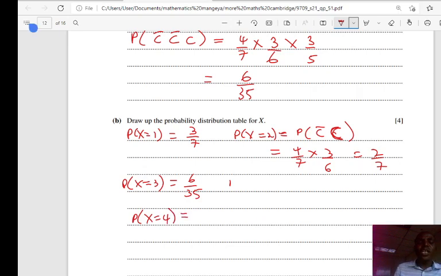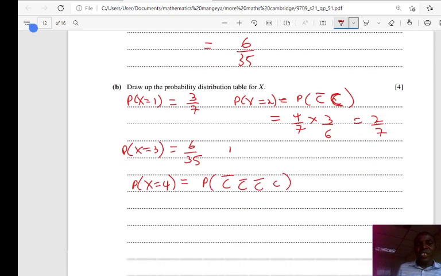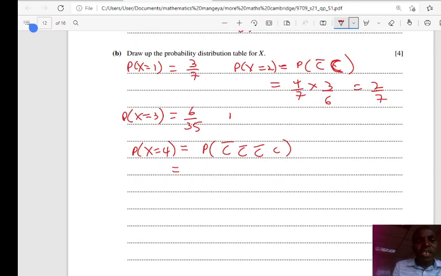X is equal to 4. Then this one is the probability of first no carrot, then carrot last. So it will be no carrot is 4 over 7 times no carrot, 3 over 6 times no carrot, 2 over 5 times then carrot, 3 carrots over the remaining 4.